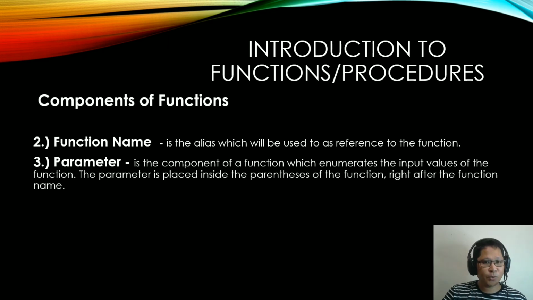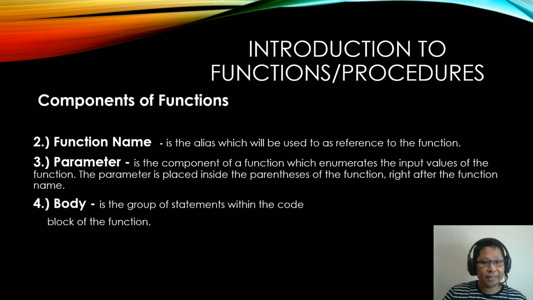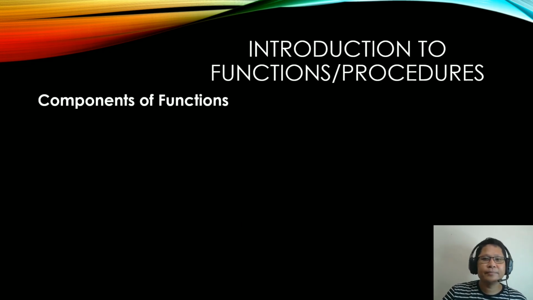The parameter is placed inside the parentheses of the function, right after the function name. The body is the group of statements within the code block of the function. We have seen the body many times.